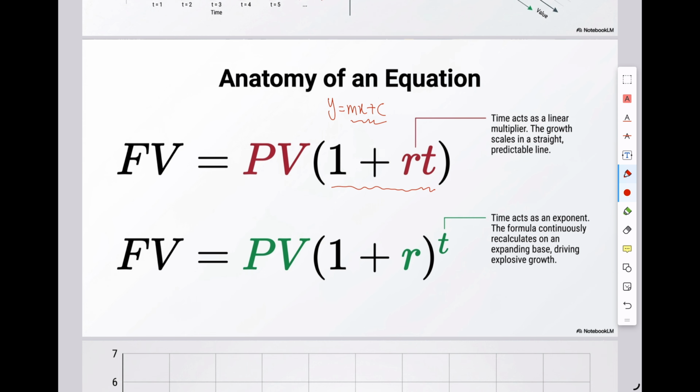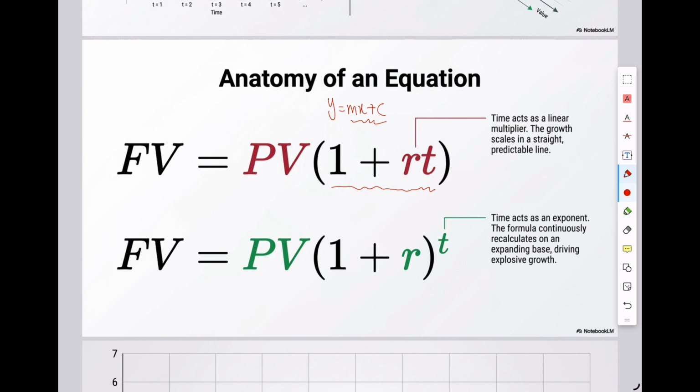So as you can see in this graph, if I have simple interest 5 and compound interest 5, it takes very long for it to break even. Okay, so let's look at some calculations first. Here is the 10-year growth comparison of $1,000 at 5% for simple interest and compound interest.